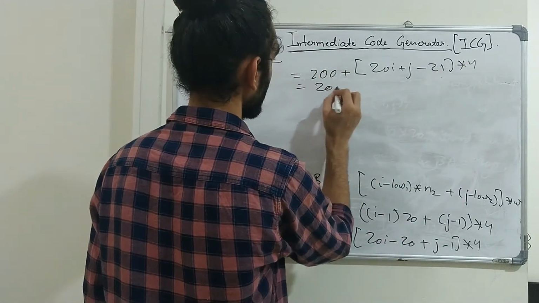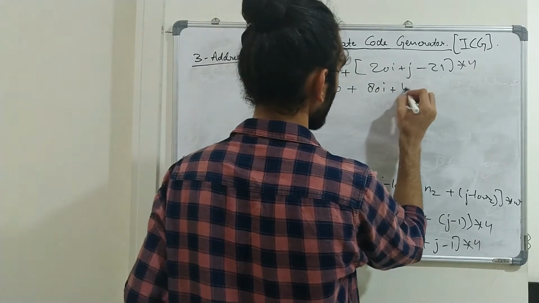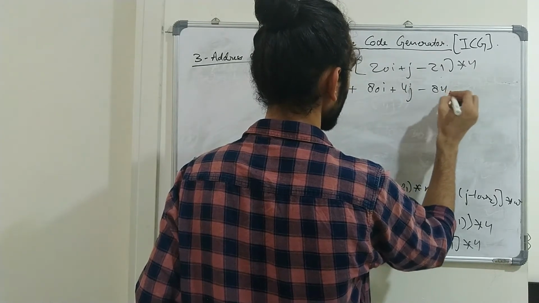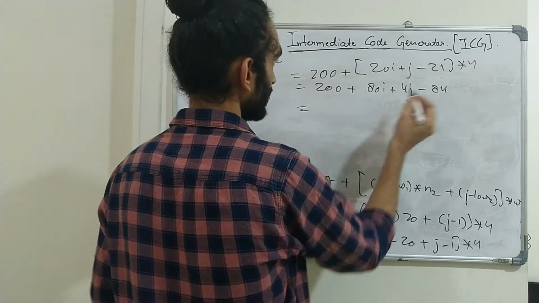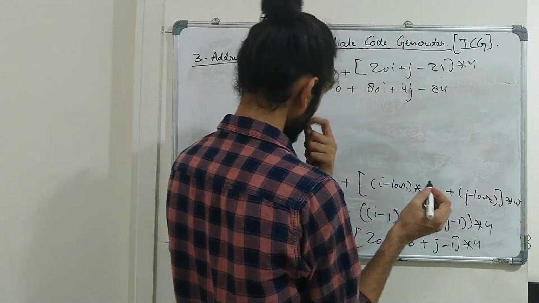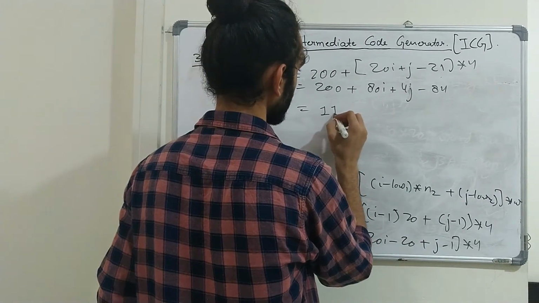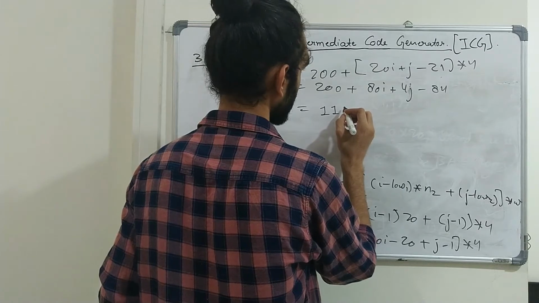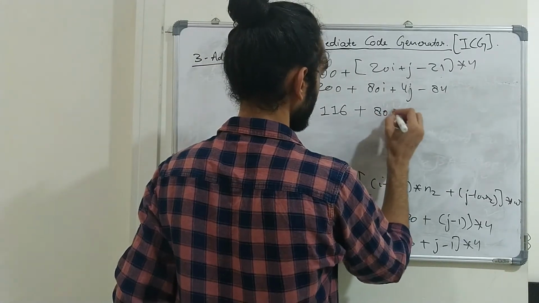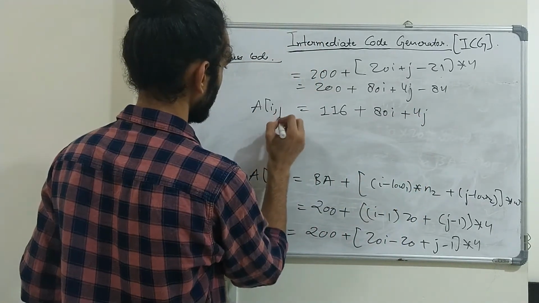That is going to be converted to 200 plus 80i plus 4j minus 84. Right? Now this has been subtracted from here. Now this is going to be converted to 116 plus 80i plus 4j, right? So this is what your A[i, j] is.